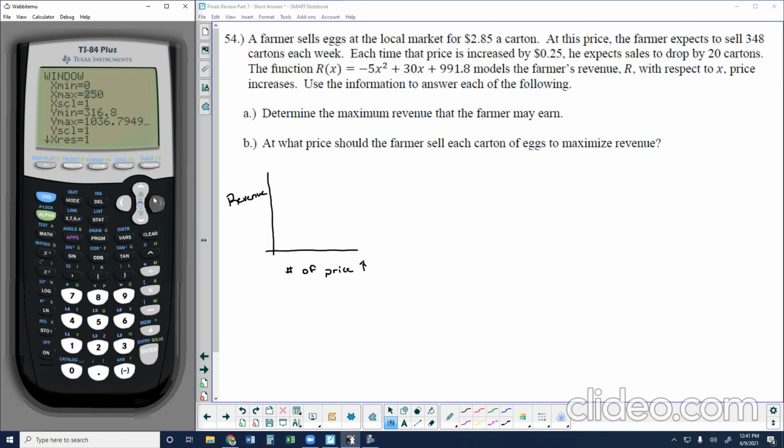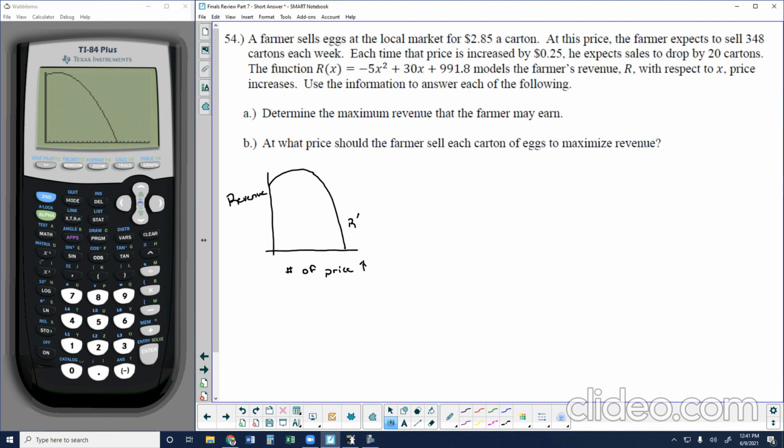This is going to give me plenty. Every time I adjust the X values of the window, I hit zoom and then go down to fit. And I'm going to bring my Y minimum back to 0 because I'm not going to be concerned about negative revenue, at least most likely not in this case. So here's my curve for R of x.